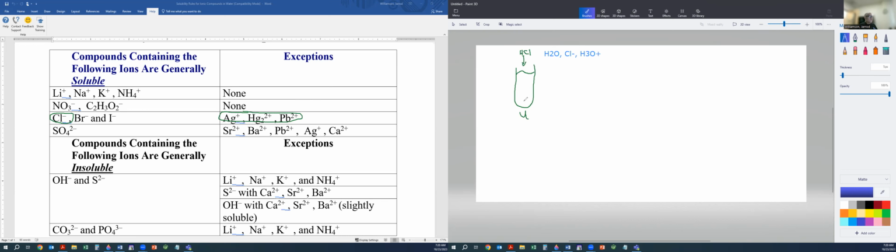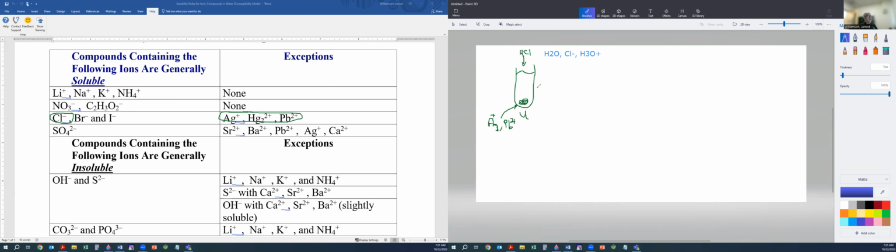So if I get a precipitate down here after I add the hydrochloric acid, I know my unknown had either silver or lead ion in there. They're not giving us any mercury in this lab because mercury is pretty toxic stuff.